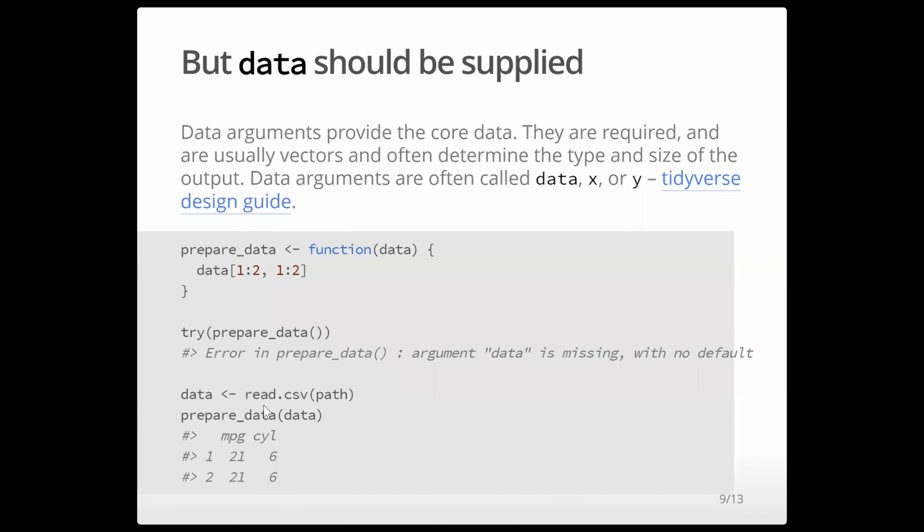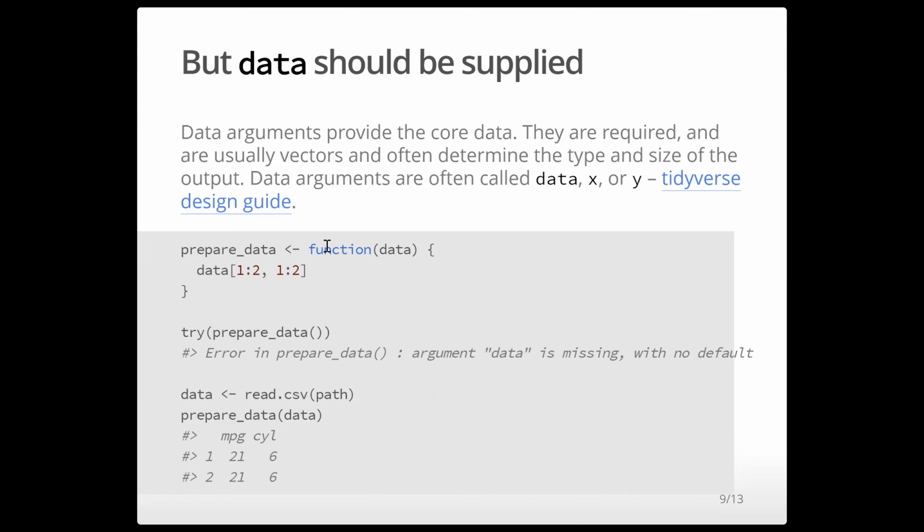even better could be to reflect on what kind of argument data is. So we do need data. It is the main argument of the function. It's not a detailed argument. It's not something that modifies some property of the function. It is the most important argument.